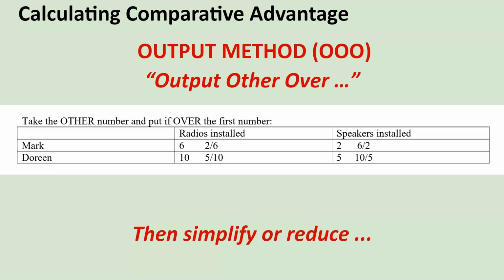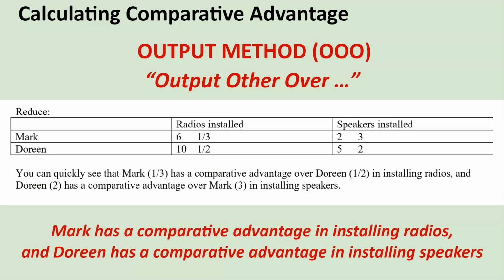So if we simplify these numbers and reduce, what we see is Mark basically is giving up 1/3 of a speaker in order to install a radio, where Doreen would be giving up 1/2 of a speaker to install a radio. So Mark has the smaller opportunity cost here, and thus the comparative advantage in installing radios.